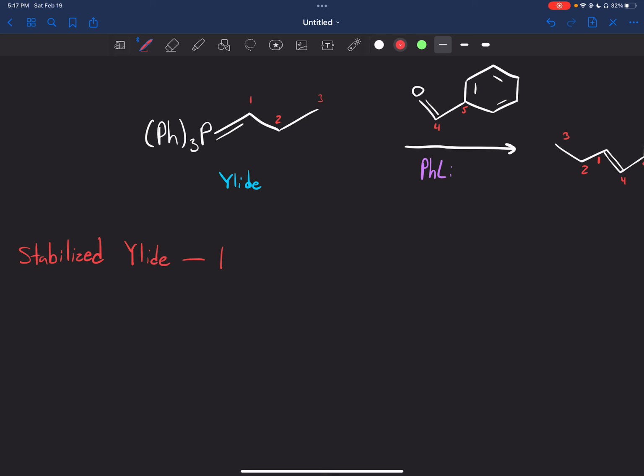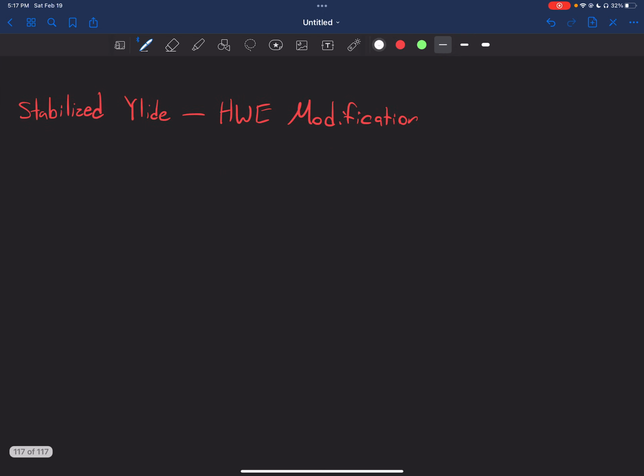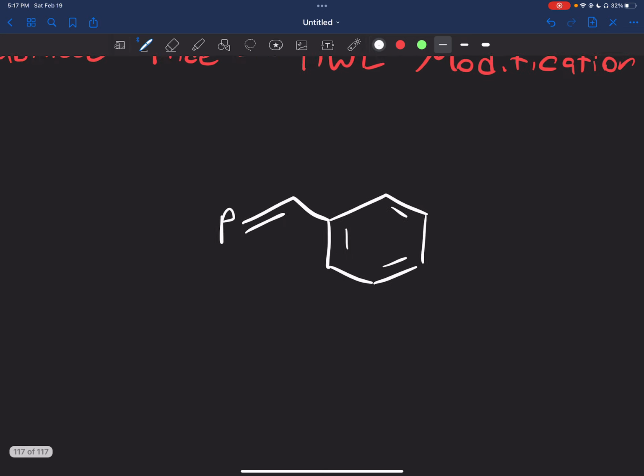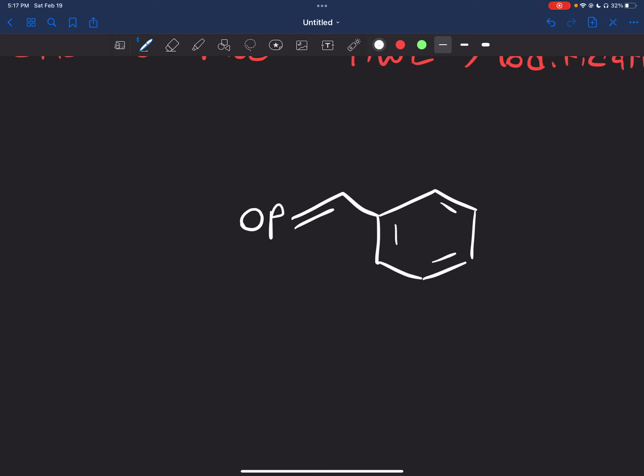The first one is called the HWE modification. The ylid is now different. So the ylid is going to look kind of like this. It's going to have an electron withdrawing group. And a lot of the times you may see it written like this.